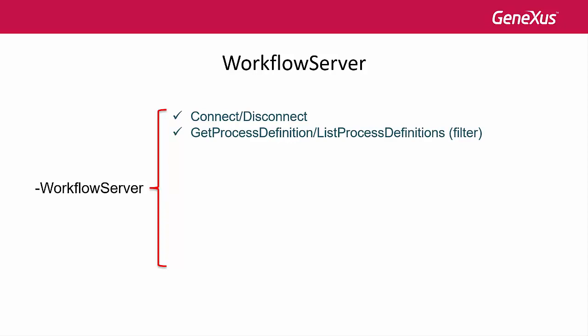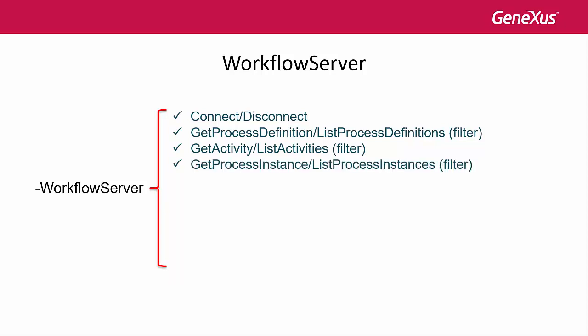List all process definitions given a series of filters in a particular order, or directly access a single process definition by using its ID or name. List all activities in a process using some extra filters, or directly accessing one using its ID or name.